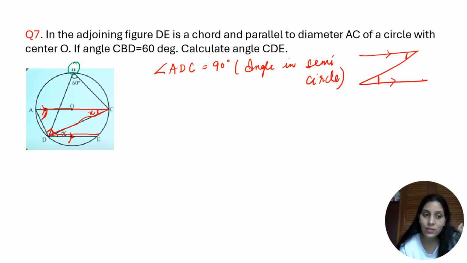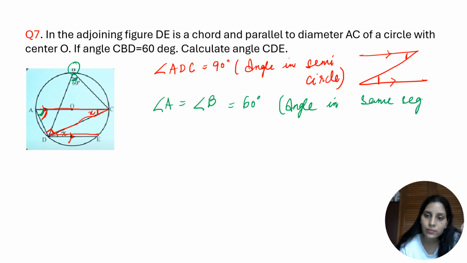Is there any relation between angle A and angle B? Yes. These two are in the same segment. Both of them are formed using the same chord CD. So angle A is equal to angle B because of angle in same segment.